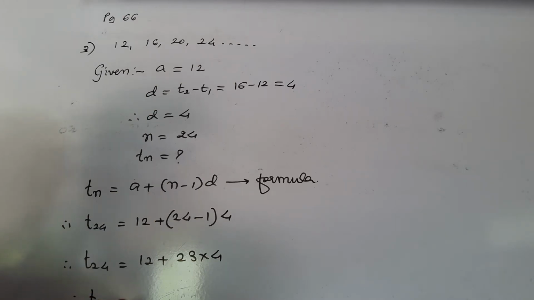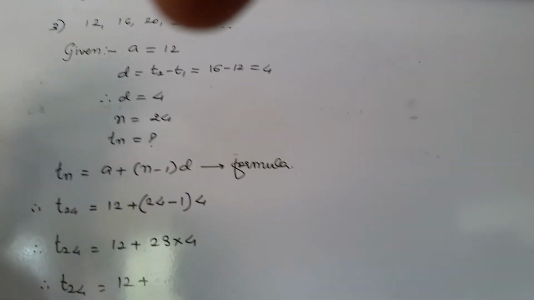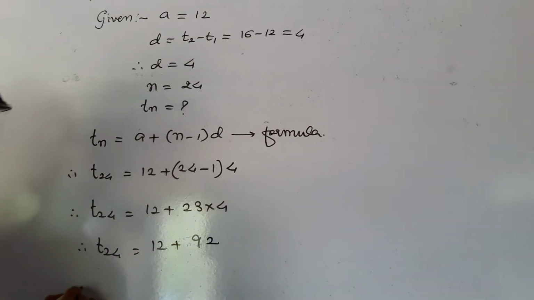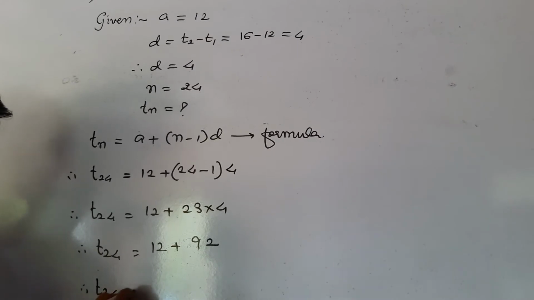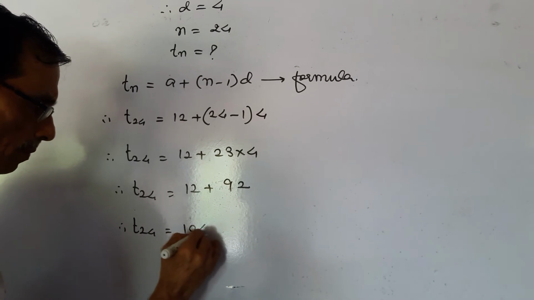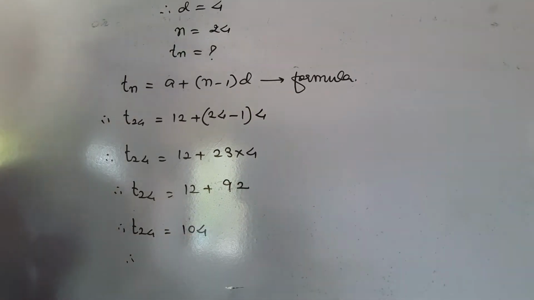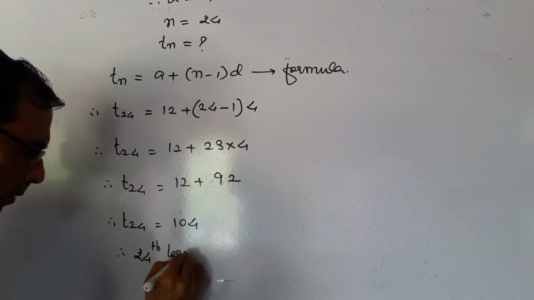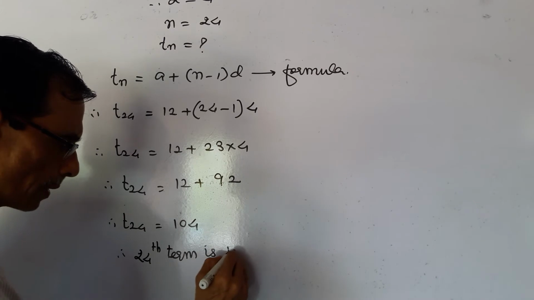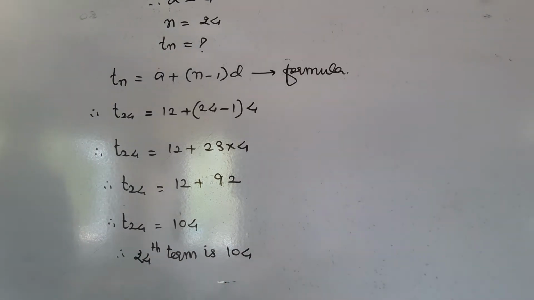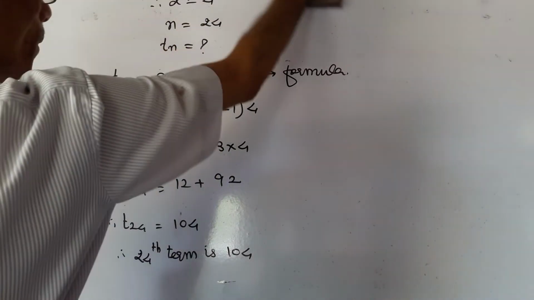And therefore T24 is equal to 12 plus 23 4s are. So 3 4s are 12, carry 1. So 92. And therefore T24 is 104. And therefore we have to write there that the 24th term is 104. So in this way you have to solve this. Achha, let us take the 6th one now. You copy this. Let us take the 6th one.